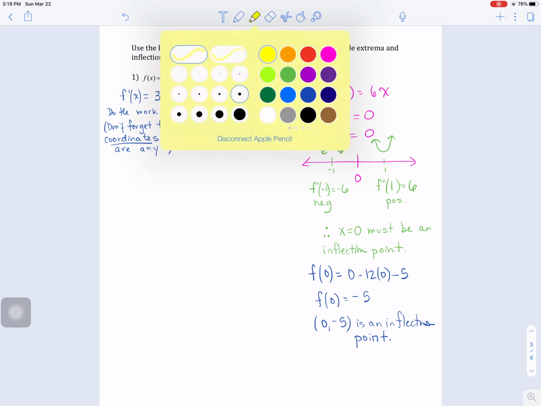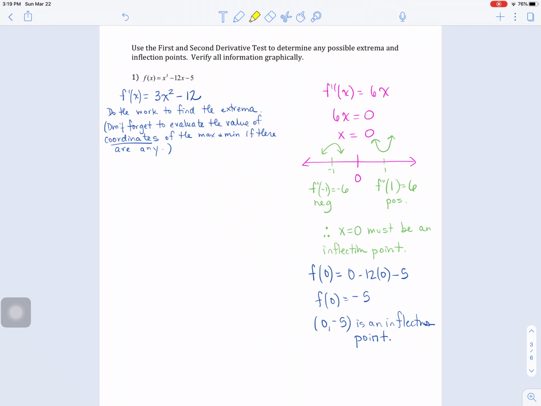If you look at my work here, I plugged in -1 as my test value in the interval from -infinity to 0. The second derivative at -1 is -6, and that's negative, so my graph is concave down before I get to 0.